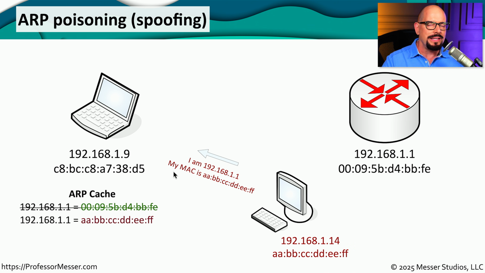Now, anytime that this laptop wants to send information to the router, it will instead send that information to the attacker's workstation. Most attackers will perform the same ARP poisoning to the router, and now it can sit in the middle of the conversation and watch all of the traffic being sent between both of these devices.